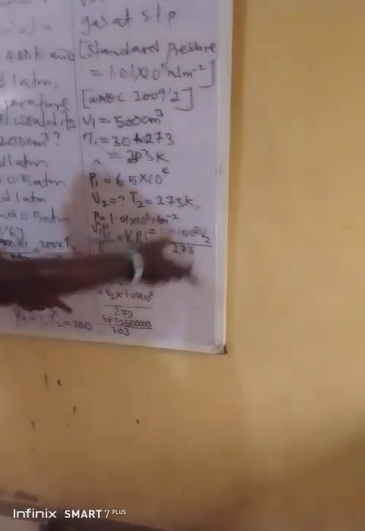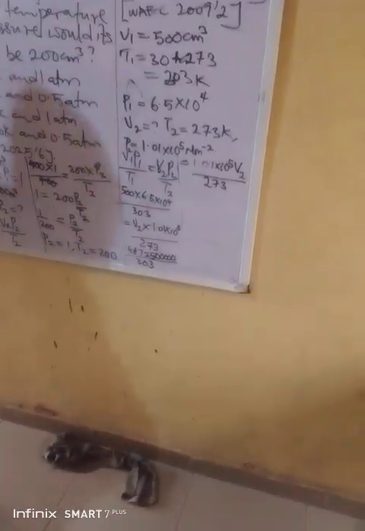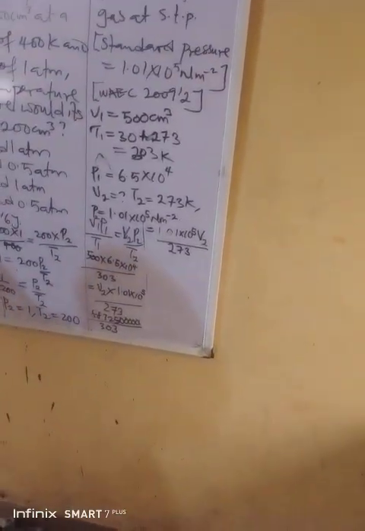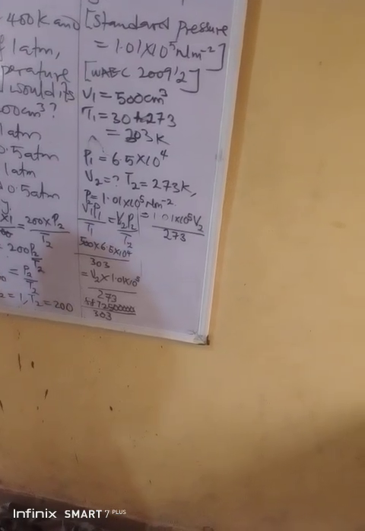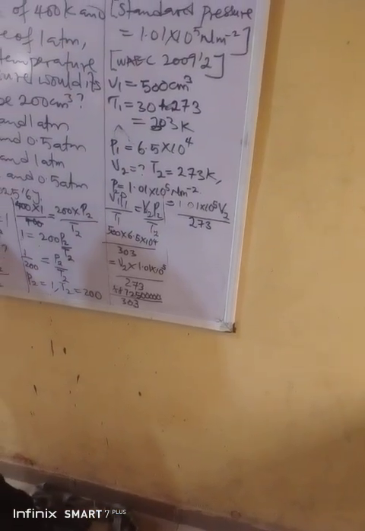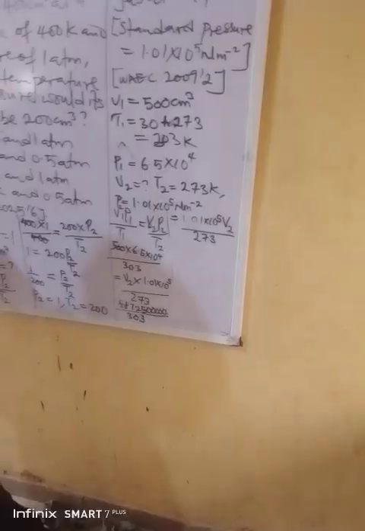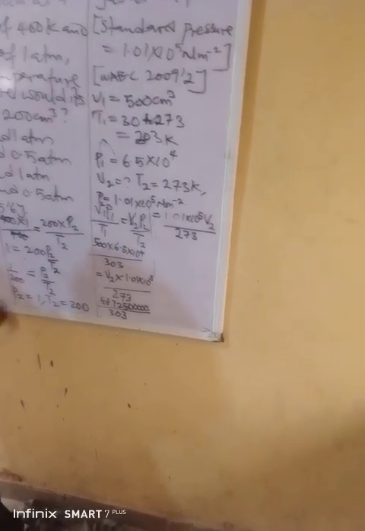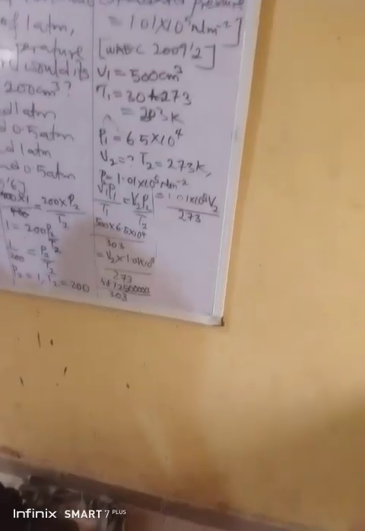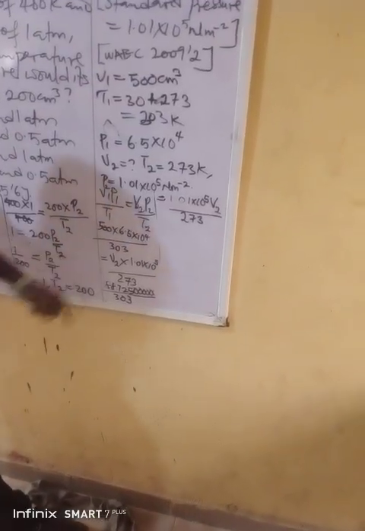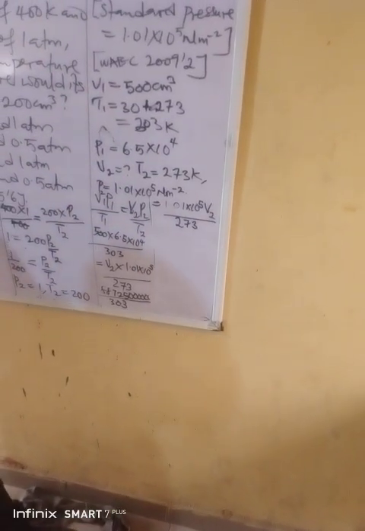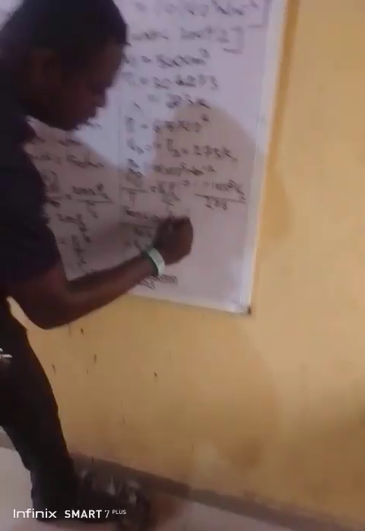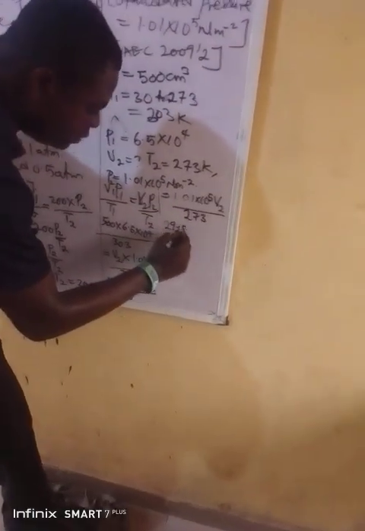So if we play this one in front of this, we cross multiply. Okay, you want us to do it like that? To make our work simple. We divide by 303, let's see.